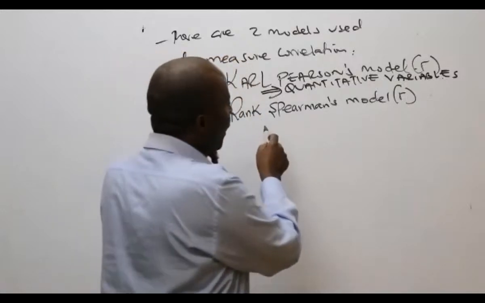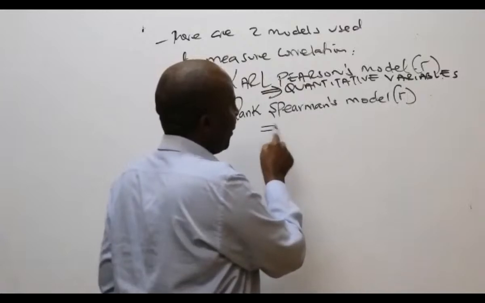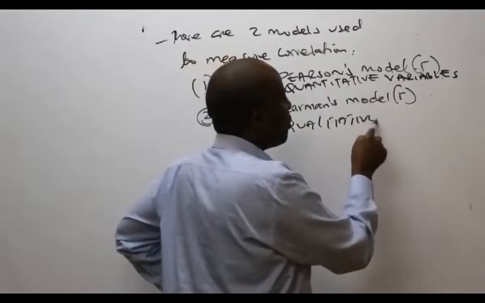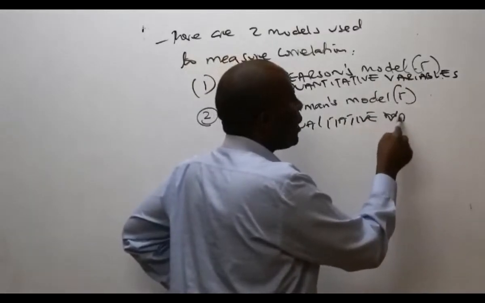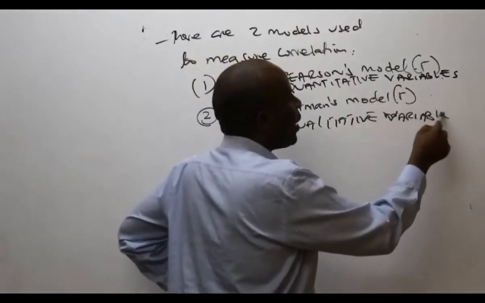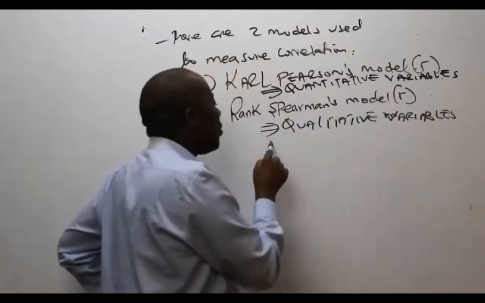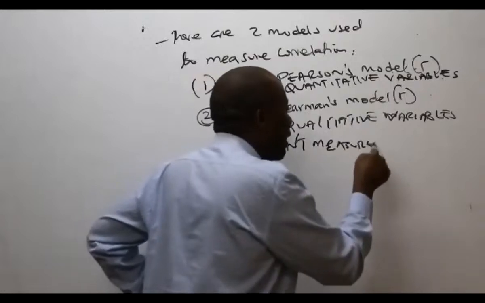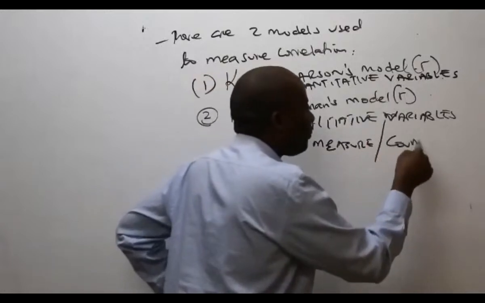How about Spearman's? We normally use the rank Spearman's model, ladies and gentlemen, to capture what we call qualitative variables. Qualitative variables are those variables you cannot measure, you cannot count.